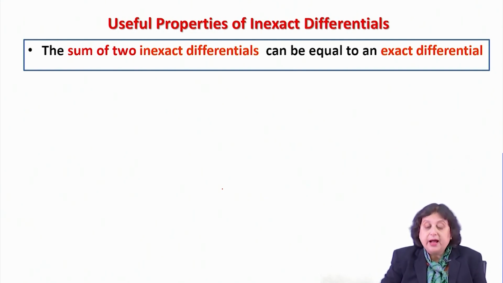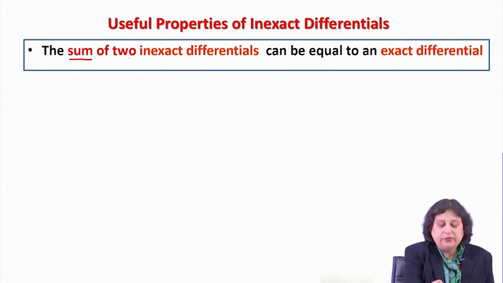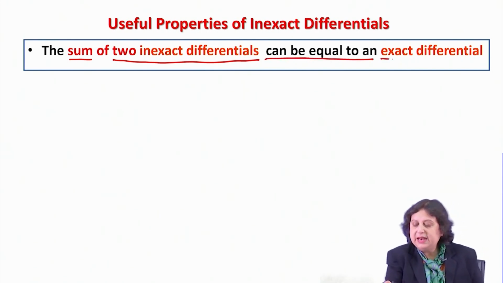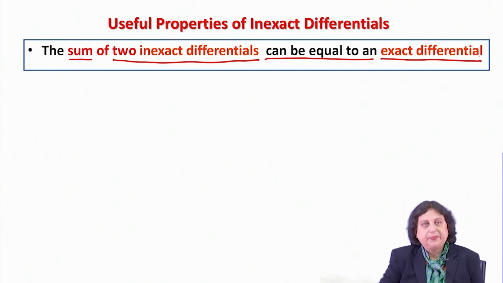Here I have highlighted one very important property of the inexact differentials, and it says the sum of two inexact differentials can be equal to an exact differential. Now, I will not go into a rigorous mathematical proof of this statement. Rather, for the purpose of understanding the principles of thermodynamics, I will take a simple graphical route.